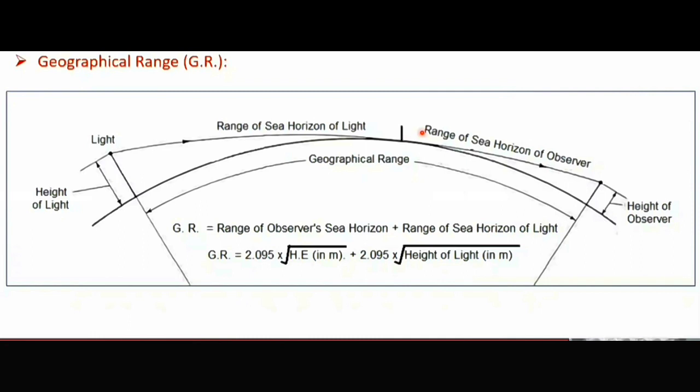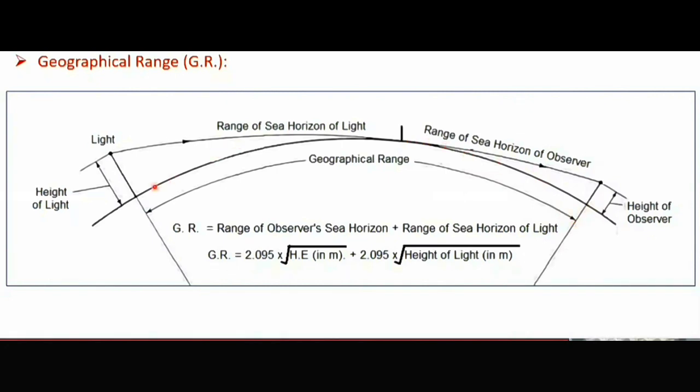Likewise, we have an observer with this much height of eye, and his range of sea horizon spans up to this point. It means for any object which is at sea level, the maximum distance at which the observer can see that object would be this much.